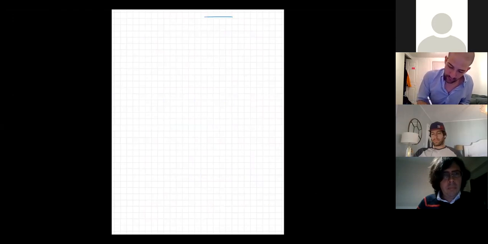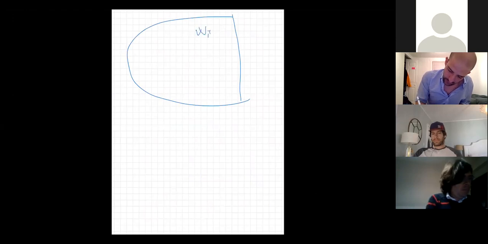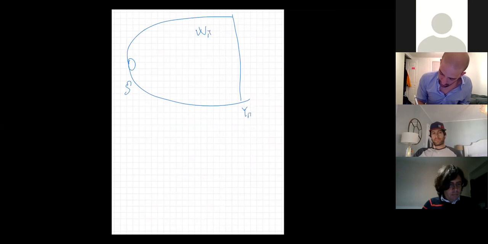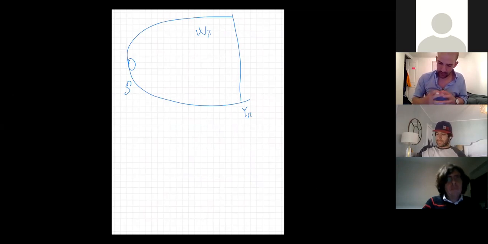So here you have the cobordism in between S3 and Y gamma, and you see every vertex of the graph corresponds to a rational curve in the exceptional divisor.